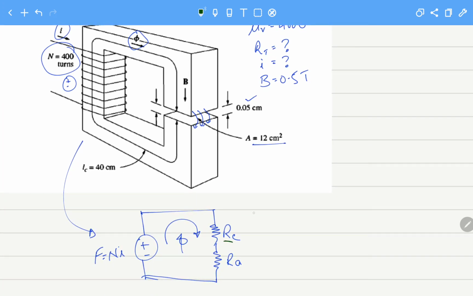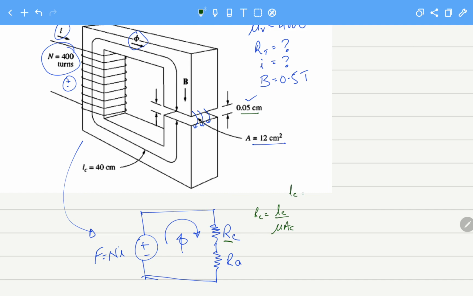What is the formula for RC? RC is LC over mu AC, where AC is the area of the core. Now what is the LC? In this case, it is 40 centimeters, and 0.05 centimeters is very low, so we'll almost neglect it.